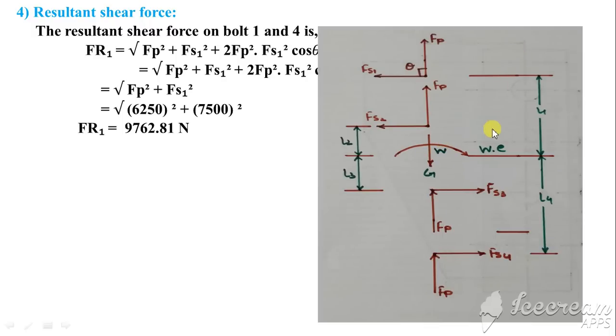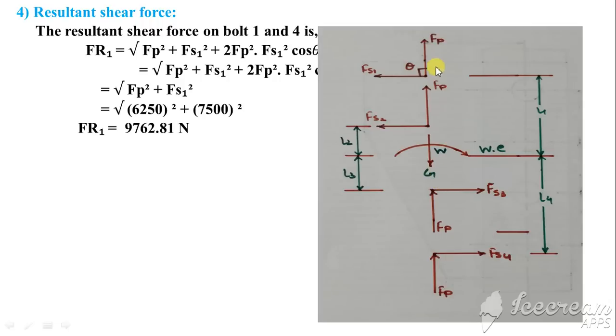Once we know the value of small w, referring to this diagram as discussed, transferring the total load from the eccentric position to the CG will create a clockwise moment here. Accordingly, the secondary forces at every point will create an opposite moment. That's why Fs1 is moving in this direction. As this moment is clockwise, Fs1 at bolt 1 will be anti-clockwise. Similarly, Fs2 anti-clockwise, and Fs3 and Fs4 will be in the same fashion.